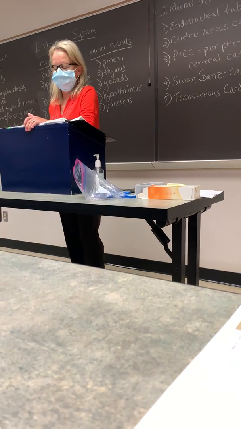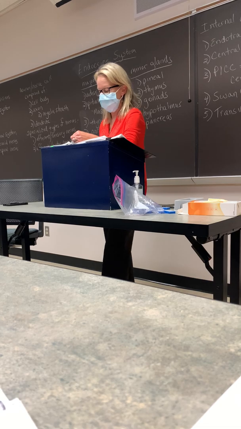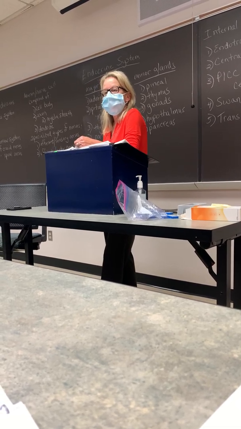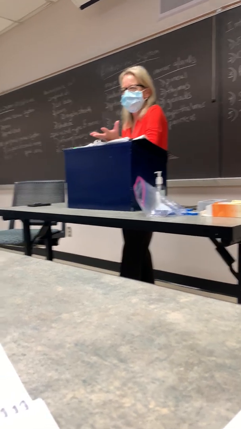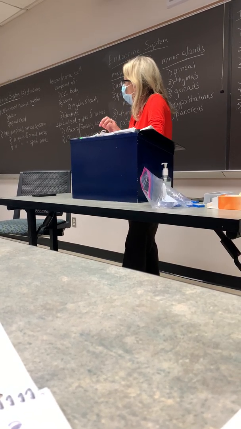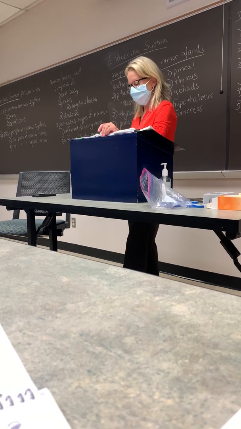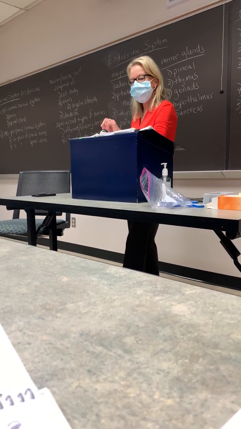So, nervous system. You need to know the two divisions of the nervous system. It's up on the board there. I don't know if I sent it to you in the notes. I don't think I did, but anyway. The first division is known as the CNS, which stands for central nervous system.